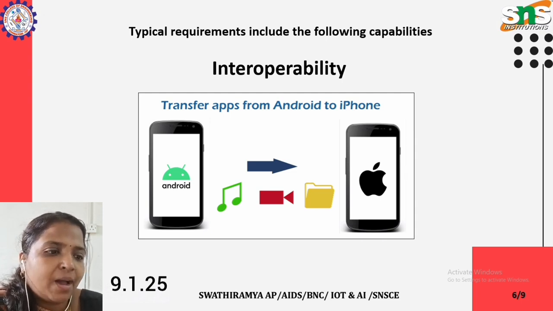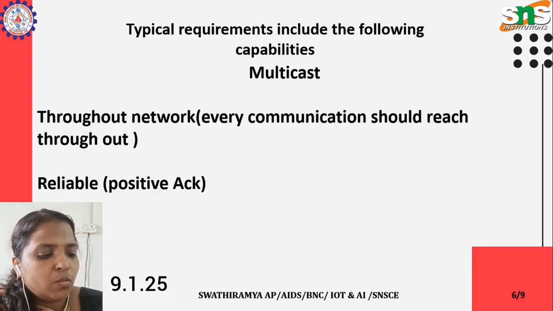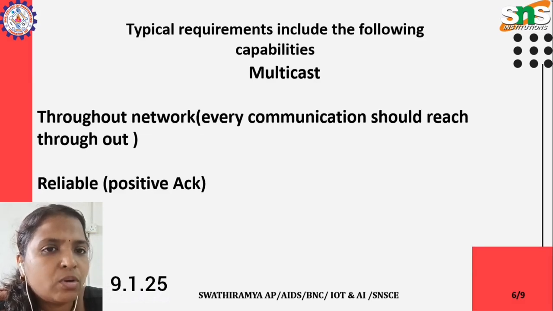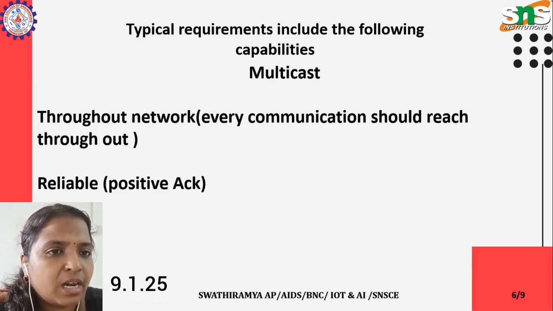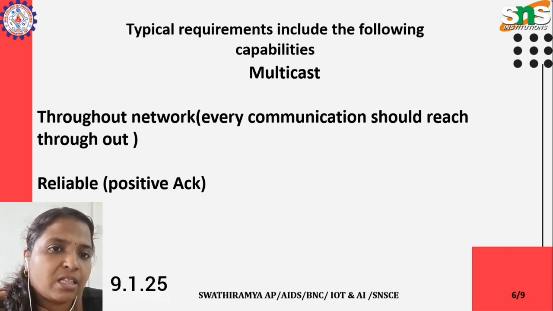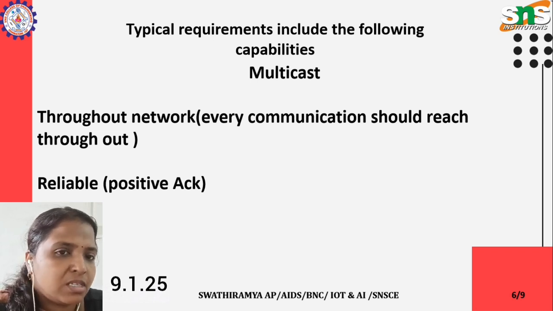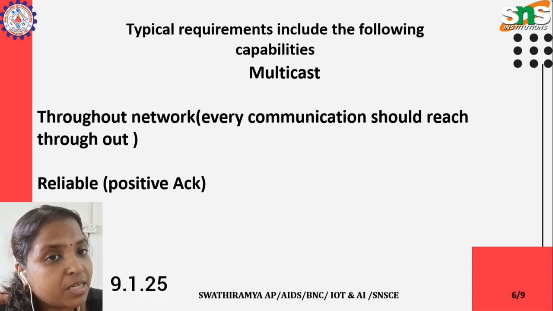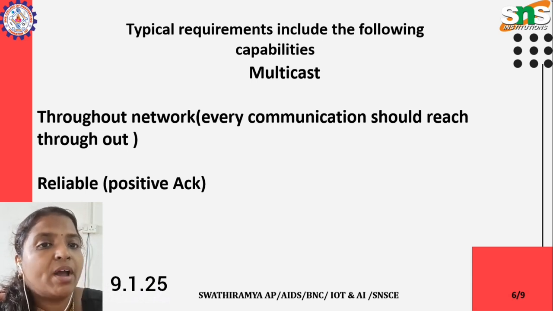So next, about multicast. Whenever you transfer data, the device does not know whether the data has reached all the devices or not. So you should have acknowledgements, both positive acknowledgement as well as negative acknowledgement. That is called multicast, and every message should reach everyone.